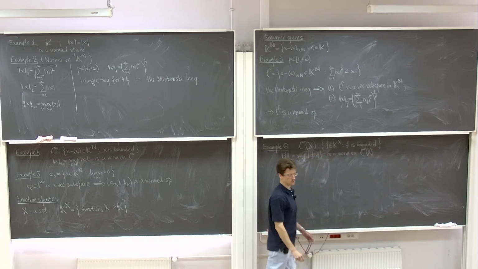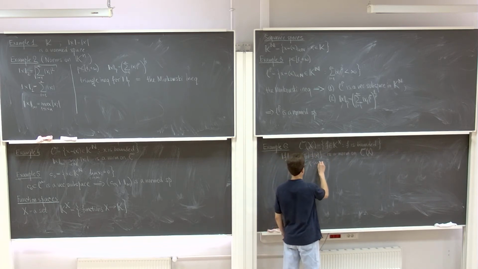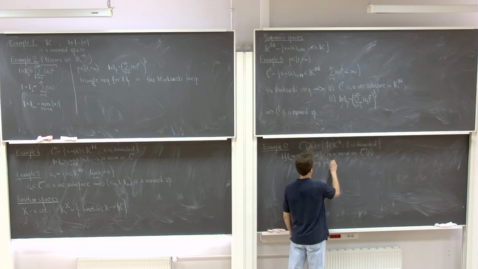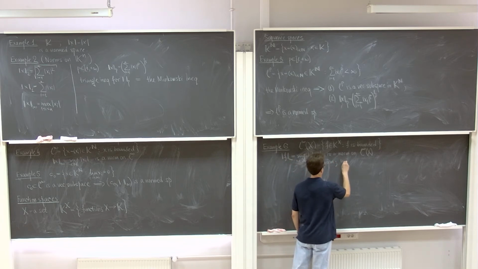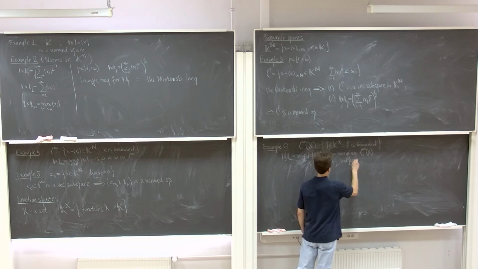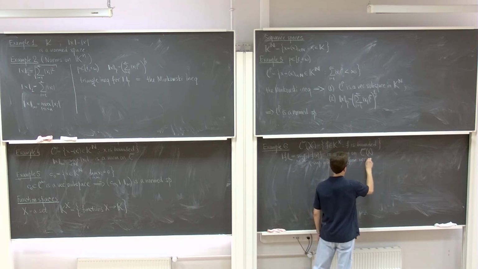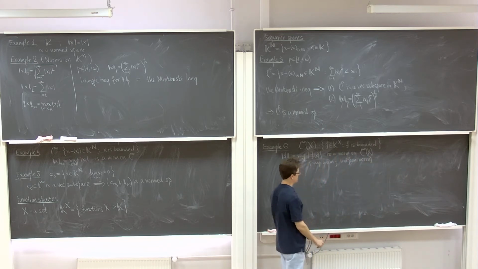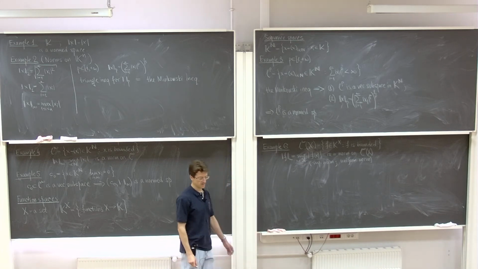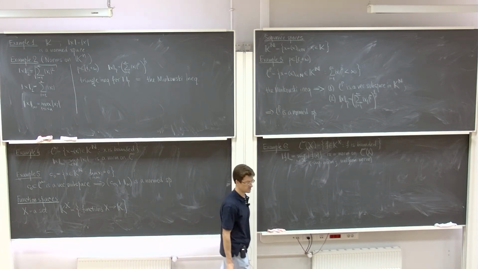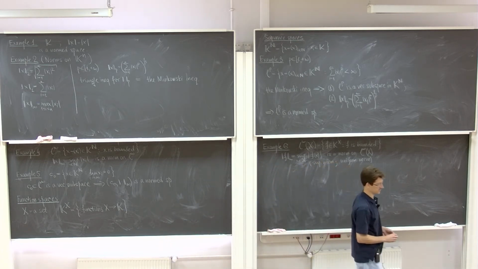This is the so-called supremum norm or the uniform norm. And by the way, the convergence of sequences with respect to this norm is just the uniform convergence, which you know from your calculus course.